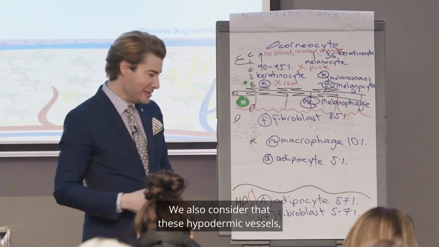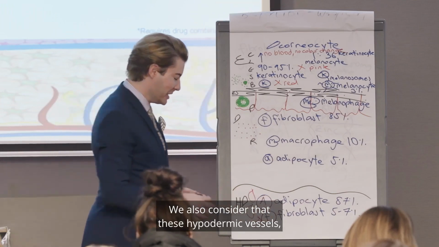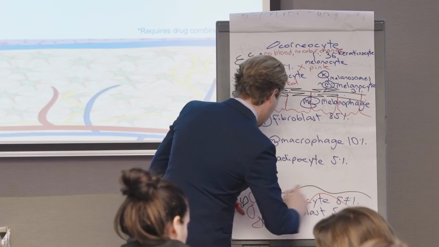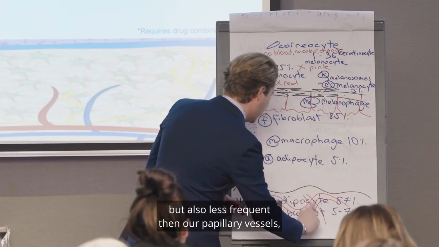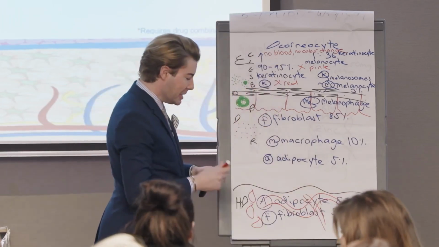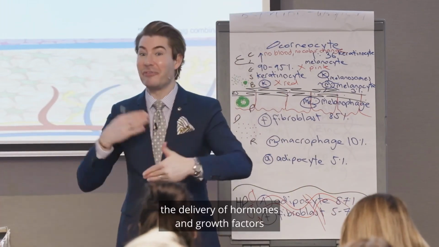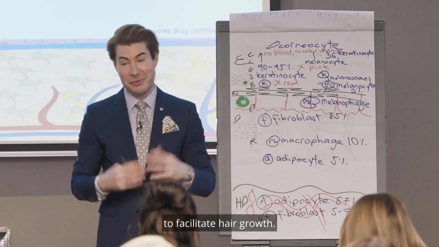We also consider that these hypodermic vessels, which are larger in size, but also less frequent than our papillary vessels, are the same vessels that enable the delivery of nutrients, the delivery of hormones and growth factors to facilitate hair growth.